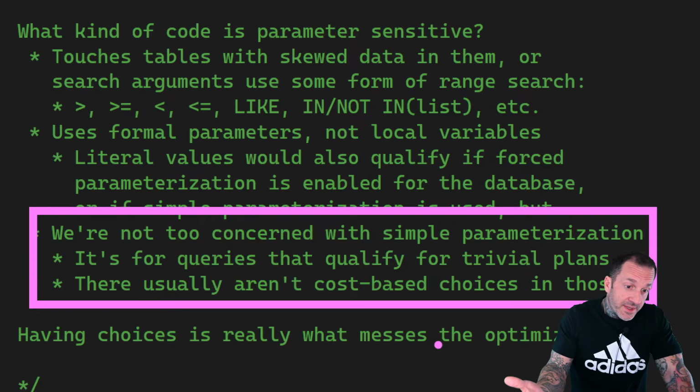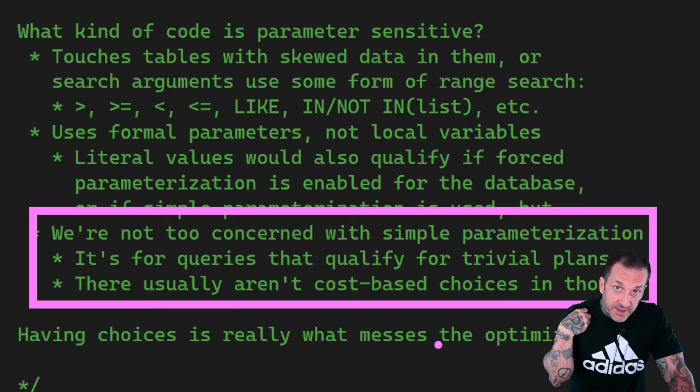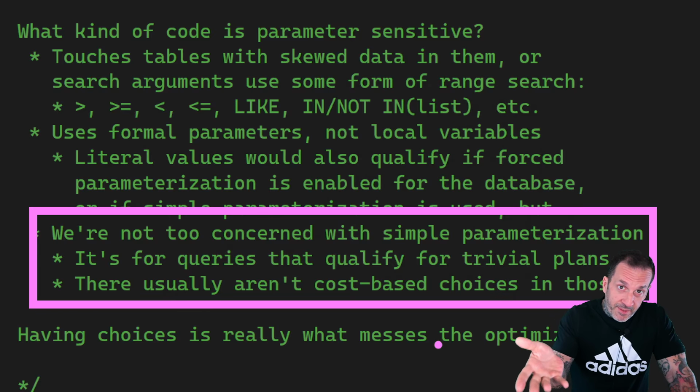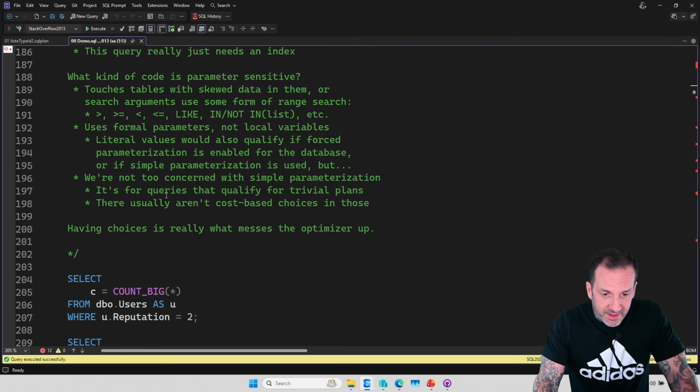Having cost-based choices to make is where the parameter sensitivity stuff really kicks in, because SQL Server made choices based on cost from one example of cardinality estimation for a set of parameter values, and then reused the plan for a different set of parameter values where the costing would maybe work out differently because of the number of rows involved. That's where the sensitivity end comes in.